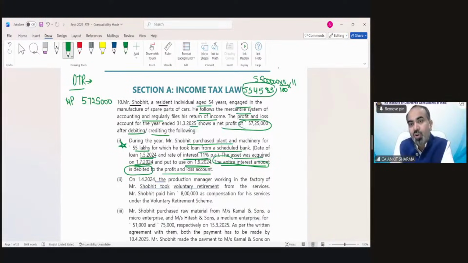This whole amount of interest has been claimed as revenue expenditure, which is wrong.